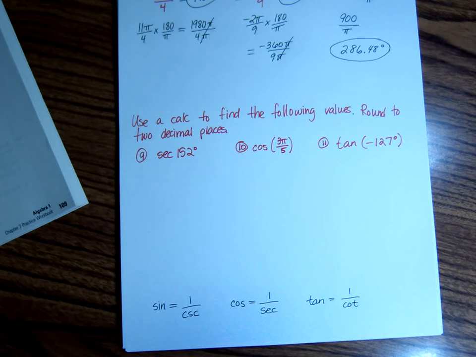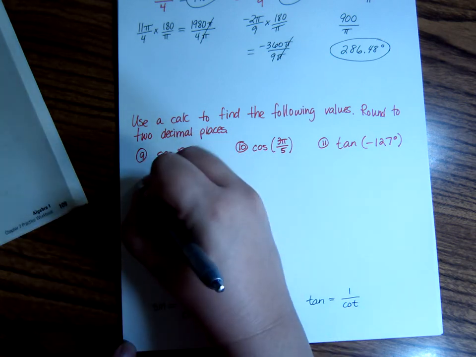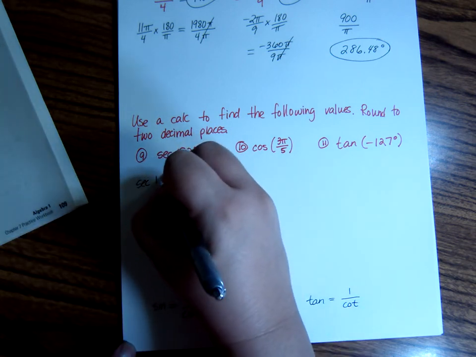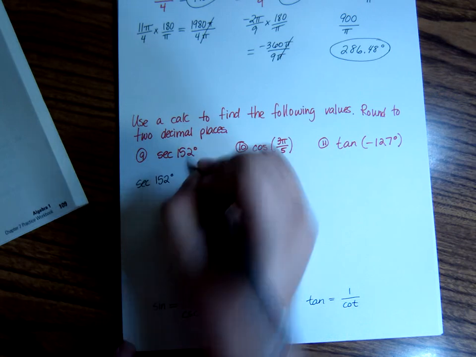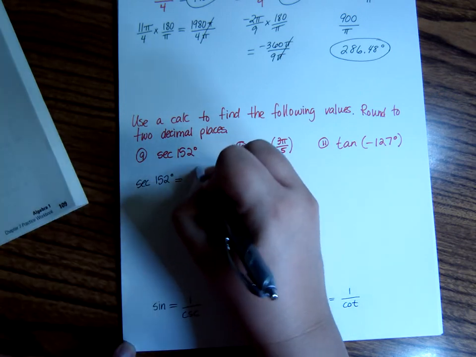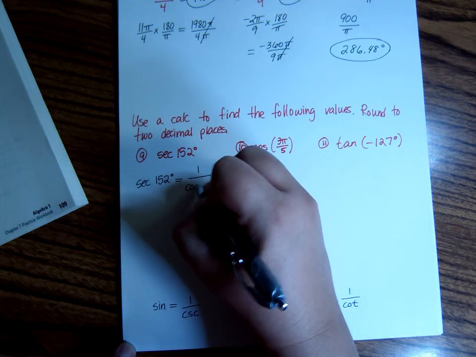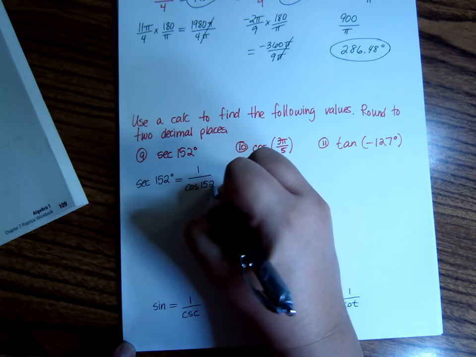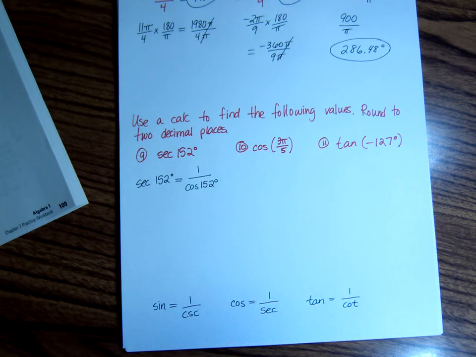Those are the reciprocals. Okay, those are called the reciprocal identities. So secant is right here. So if I want to know something about the secant, what I'm going to do is think of that in terms of cosine. Okay, so the secant of 152 is the same as 1 over the cosine of 152 degrees.